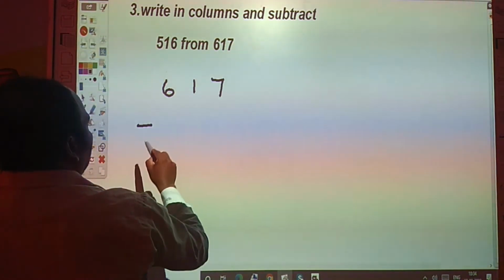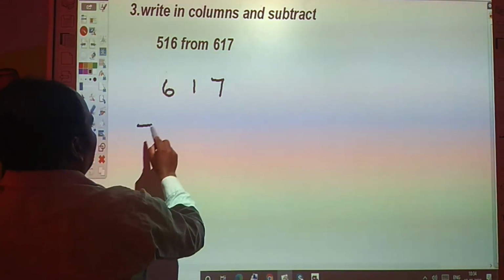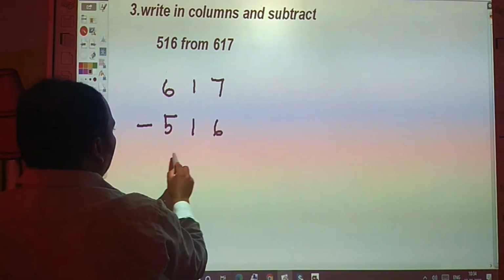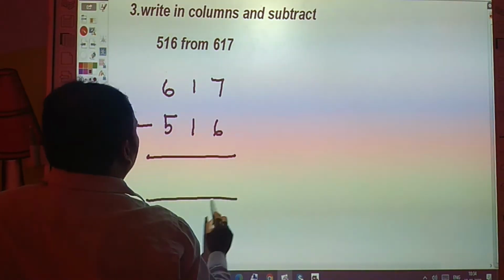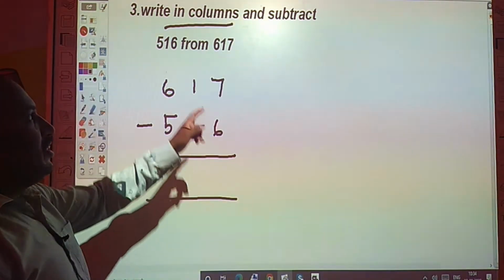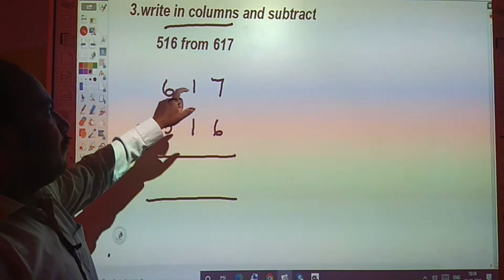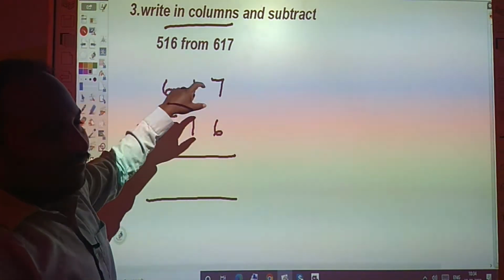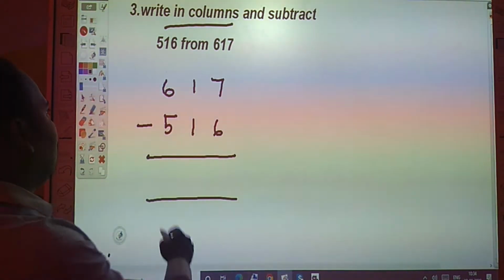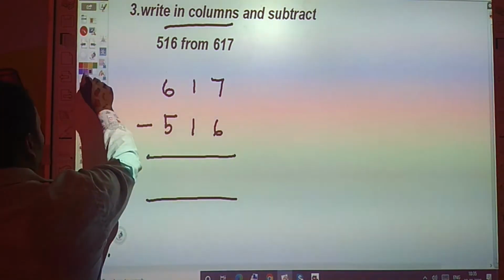Subtract means minus 516. What is our question part? Write in columns. First we write it vertically: 670 minus 516. Next we write the place values.